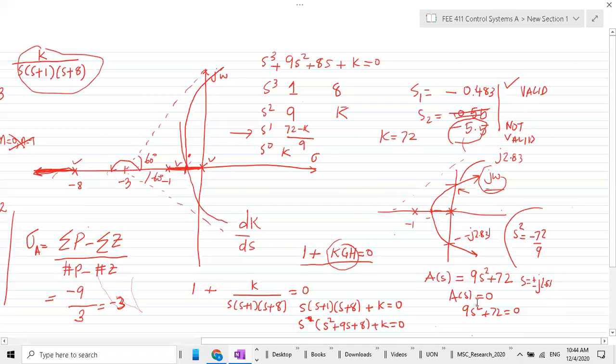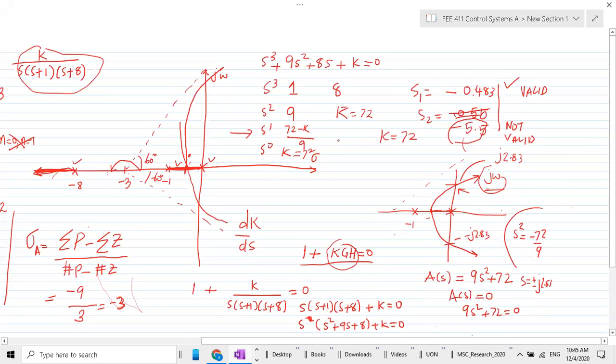Okay. So for this row to be 0, k needs to be 72, which is obvious here. 72 minus 72 is 0. So our k is 72. If our k is 72, this row will be 0.